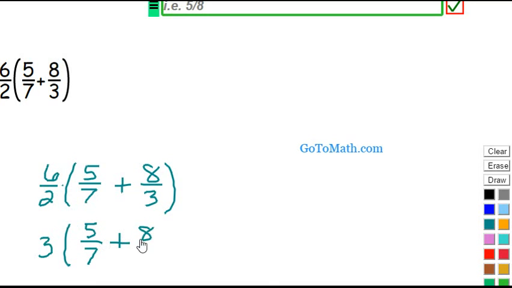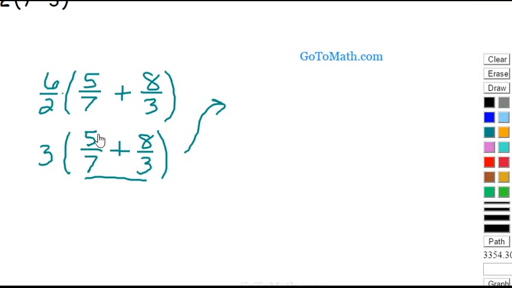So I intentionally do that. Now we can multiply this 3 across, or we could actually go ahead and add these inside, get that fraction, then multiply by 3, and I think that's what we're going to do. Okay. So let's just continue this part up here.